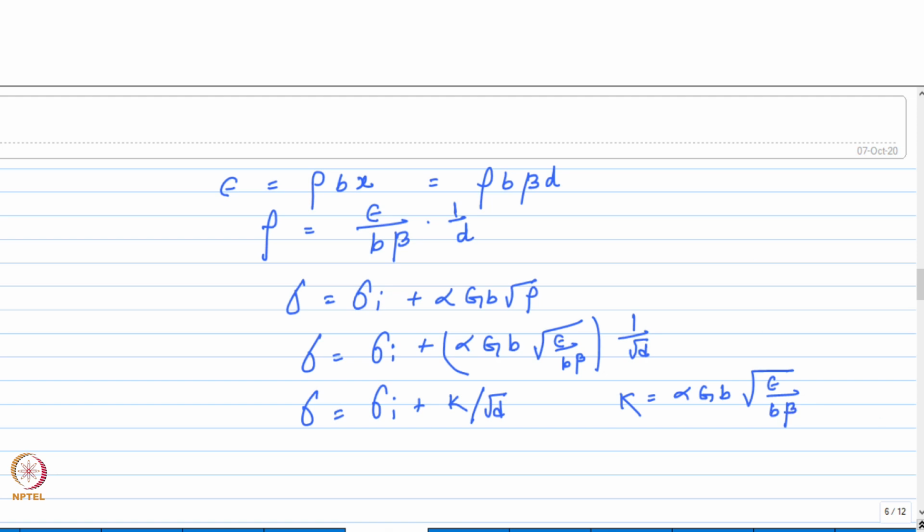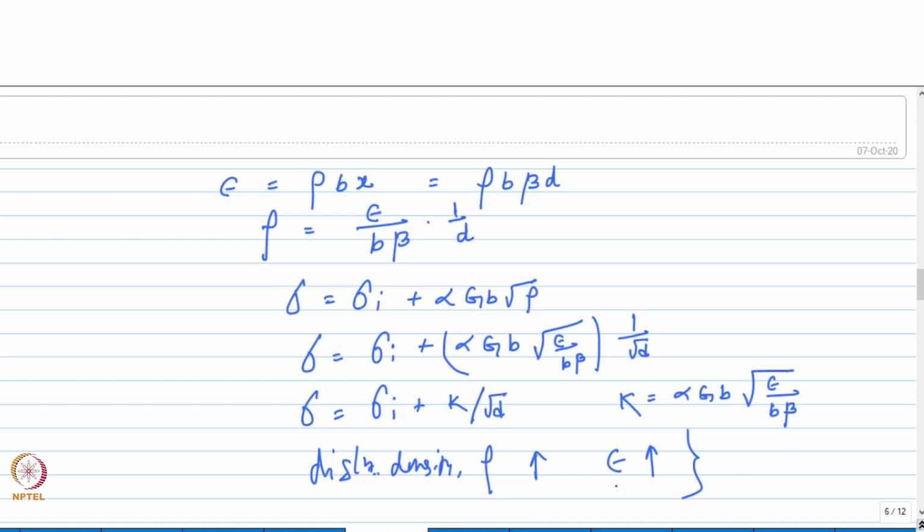Right? And from here you can also see that the dislocation density increases proportionally with the strain, and this is quite obvious as we have discussed while discussing work hardening or cold working.